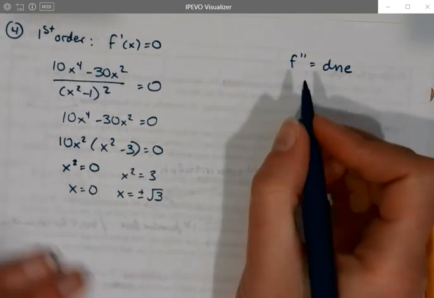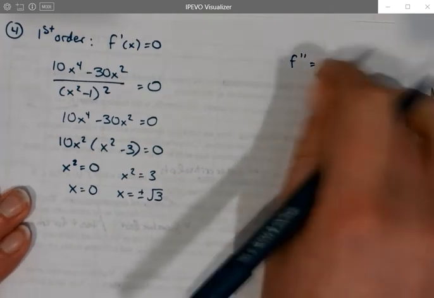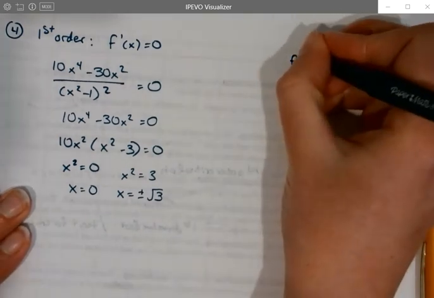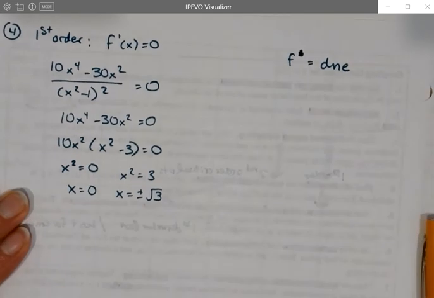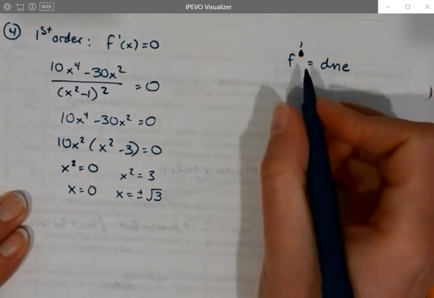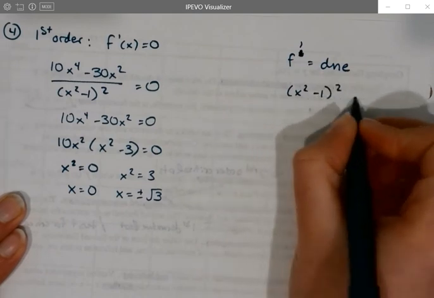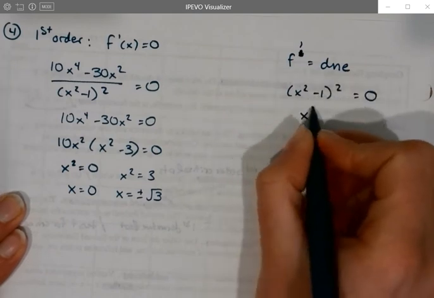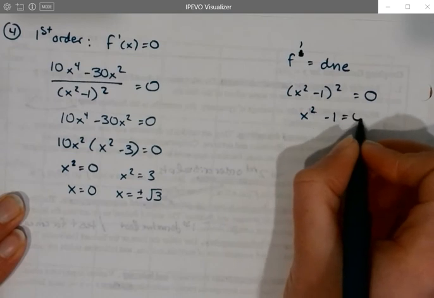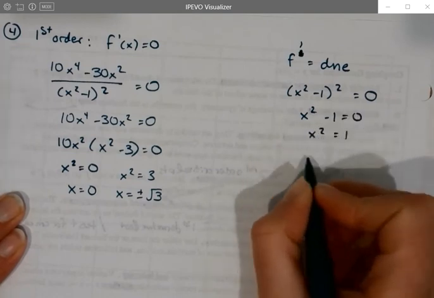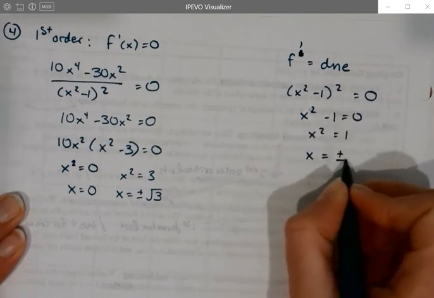Now for the first second, I wrote f double prime, I meant to write f single prime. I'm going to get to f double prime in a minute. So that's f single prime fails to exist. It's going to be places where the denominator is equal to 0, which is where x squared equals 1, and so I have x equals plus and minus 1.